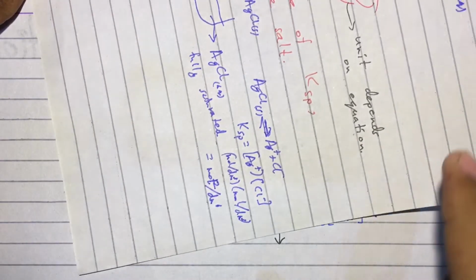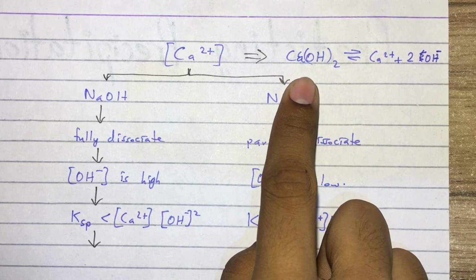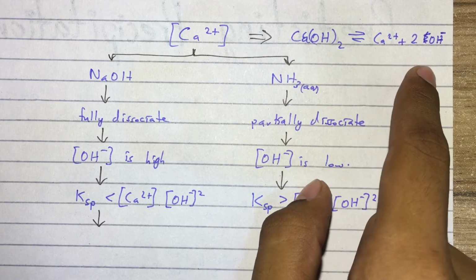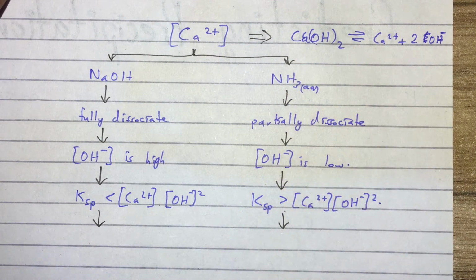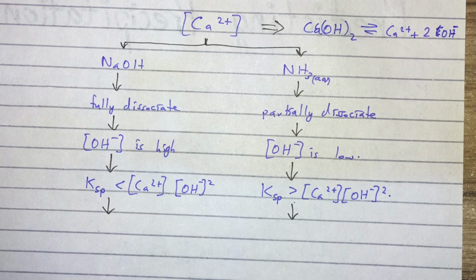Now let's take an example of calcium ion. So basically, calcium hydroxide is a partially soluble salt, right? And it dissociates into calcium ion and hydroxide ions. Now we have to find whether it will dissolve in NaOH or in NH3 aqueous, right?